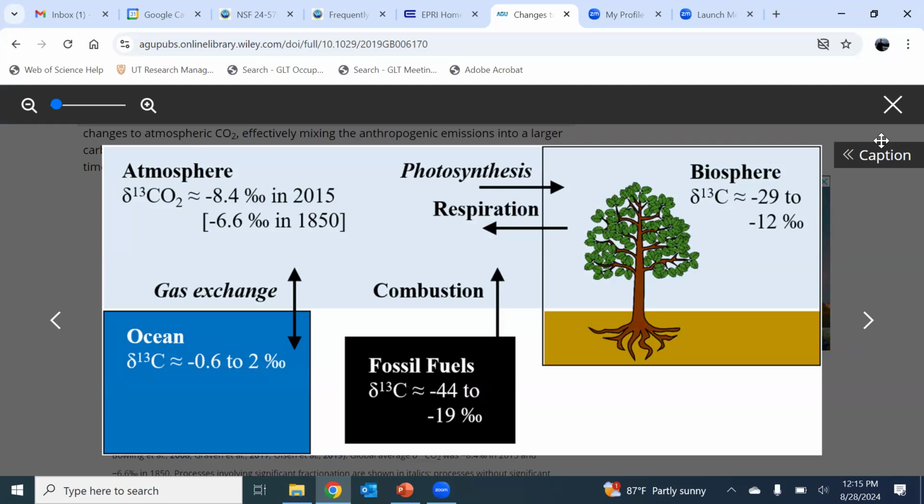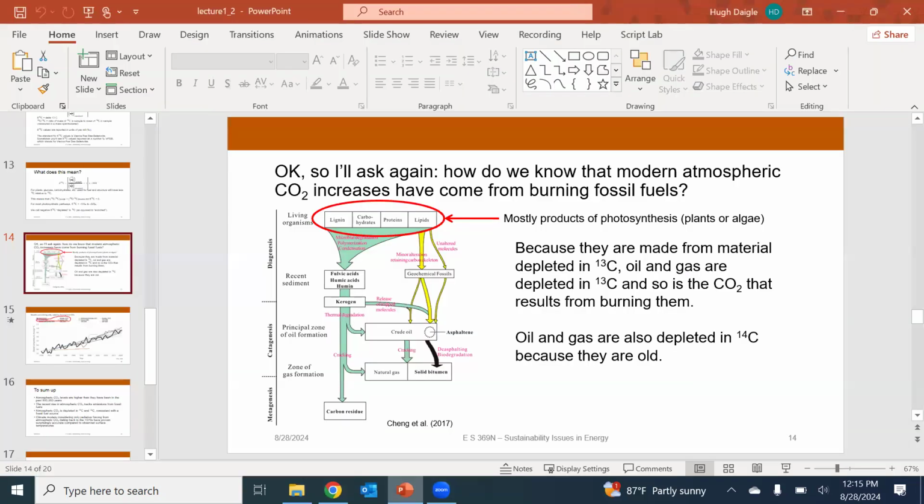Right here. Would that be depleted or enriched? Is that like plants should be zero, right? So, okay, we use words like depleted and enriched, and you think enriched is good and depleted is bad, but it's really just referring to how much carbon-13 you have relative to that standard.